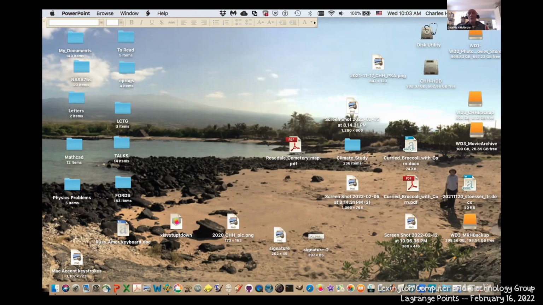So for example, we saw recently that the Chinese had put a lander on the backside of the moon, and that then to communicate with Earth, they had to put a relay satellite at L2. And now we saw that the James Webb telescope is going to L2.